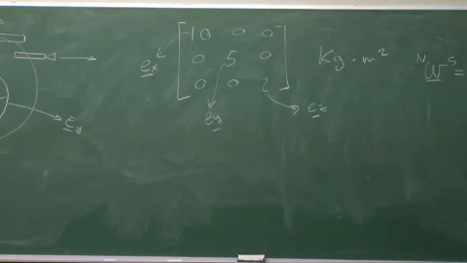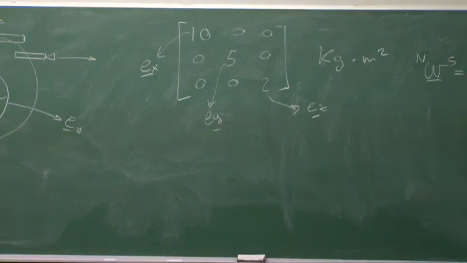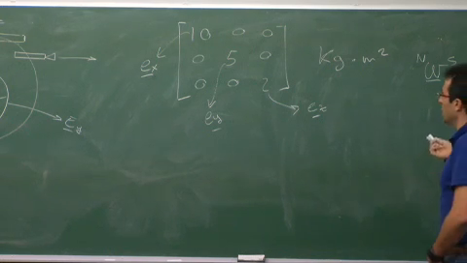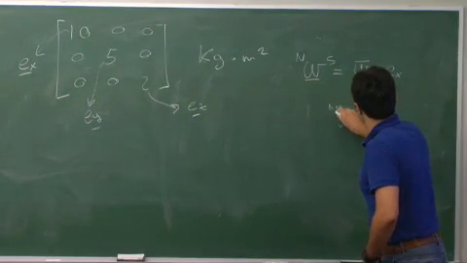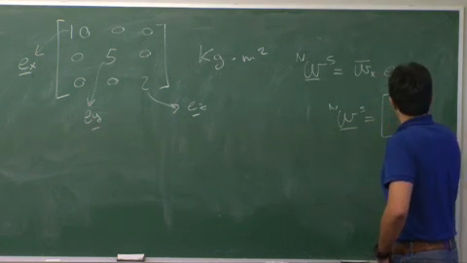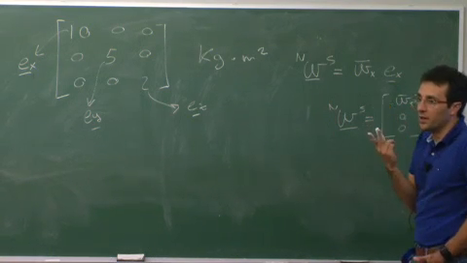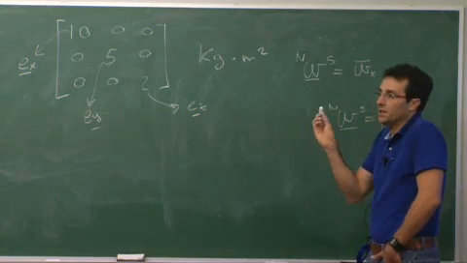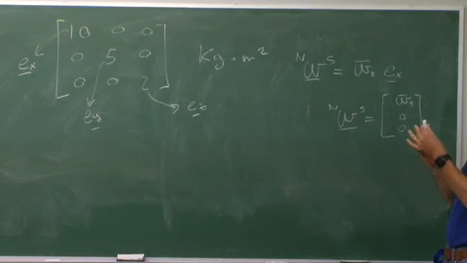If you think about what's going on, these components are the projections of the angular velocity vector in your body axis, right? If you go back to the lecture where we covered Euler angles, and you look at those equations, if you only have one component, so your omega vector is, in this case, some omega bar x, 0, 0, you will see that the angles evolve in time in such a way that two of the angles remain as 0 or fixed, and there's only one angle changing, which is the spin axis angle.